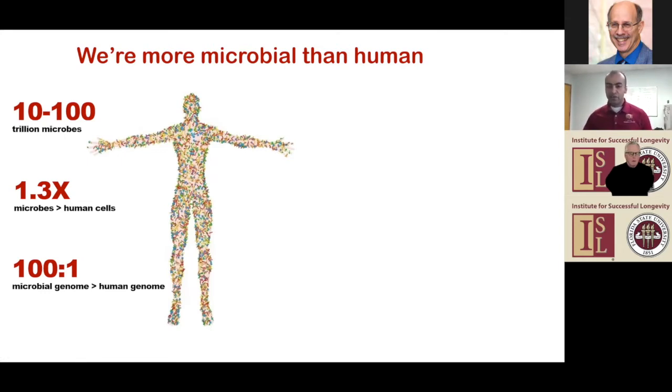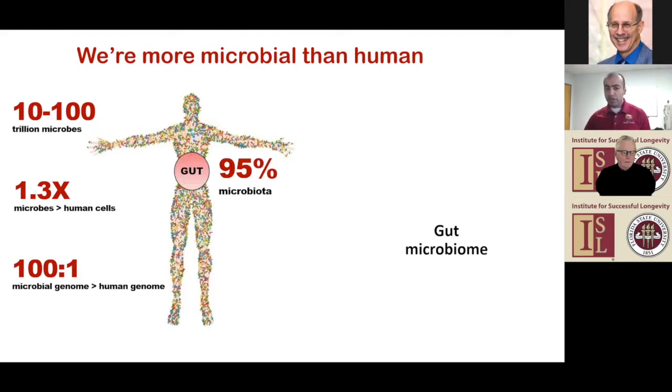And these microbes outdo our own eukaryotic cells, not only in terms of number of cells, but also in genome size. This community of microbes associated with our human body, we call the human microbiome. And 95% of these bugs associated with us reside in our gastrointestinal tract. We call them the gut microbiome.